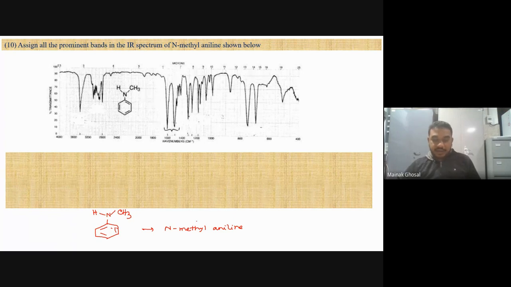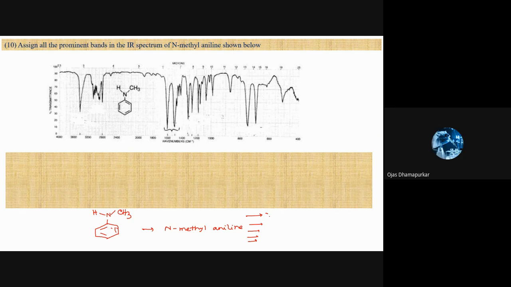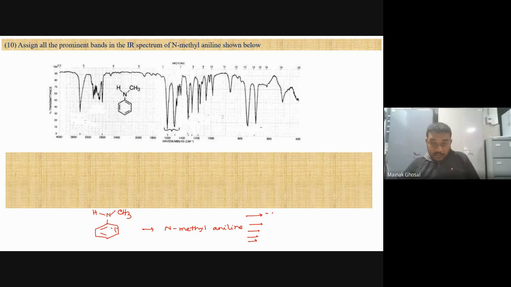So what functional groups do you find here? Cyano? NH could be possible.